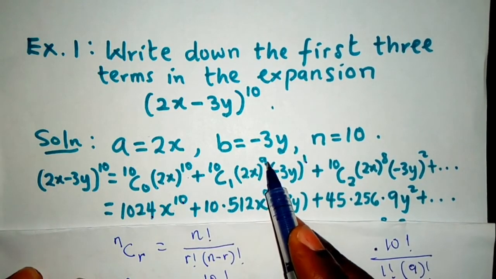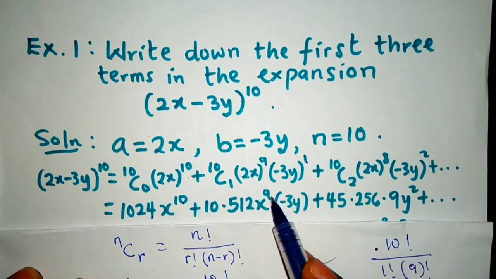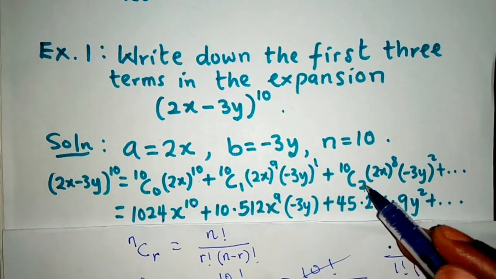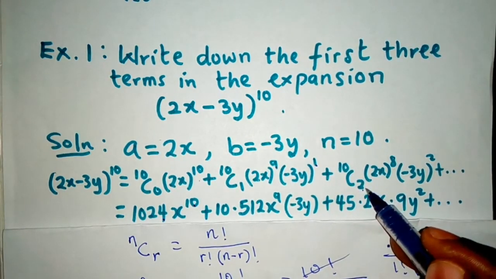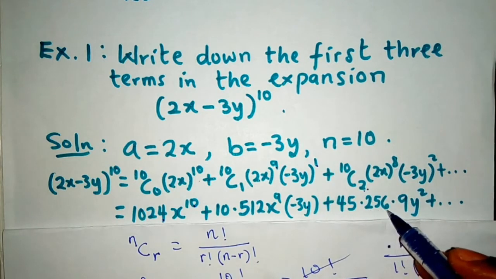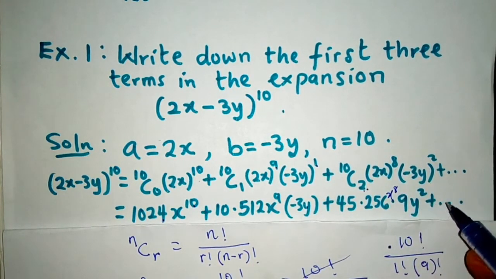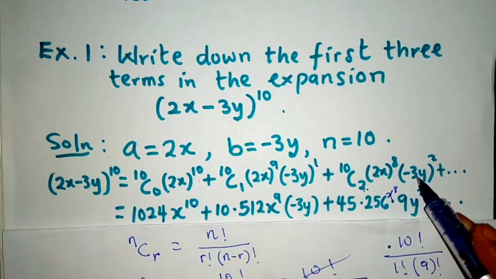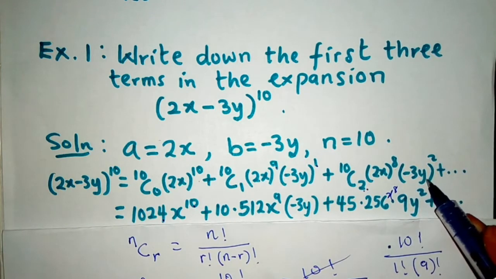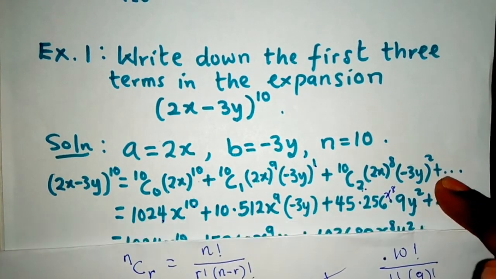And 2 to the power of 9 is 512, x to the power of 9, and minus 3y, plus 10 choose 2, which is 45. 2 to the power of 8 is 256, and then x to the power of 8 times minus 3 squared is 9, and then y squared is y squared here.